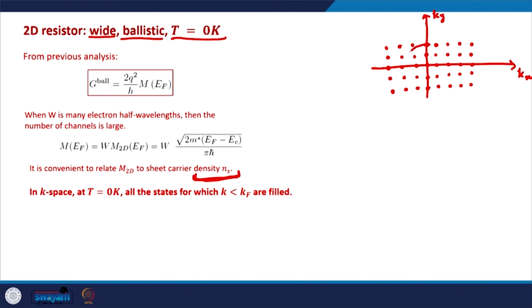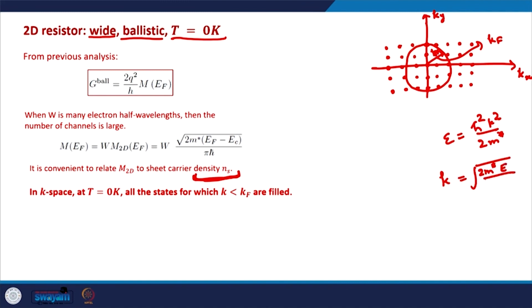And if we plot a circle in the k space and the circle radius is kF, then E is h bar square k square by 2 m star and k is square root of 2 m star E divided by h bar square. So, kF will be the wave vector at the Fermi level, 2 m star EF divided by h bar square.